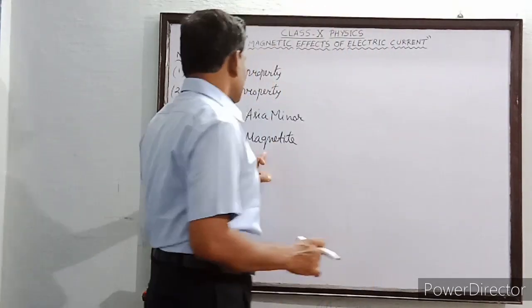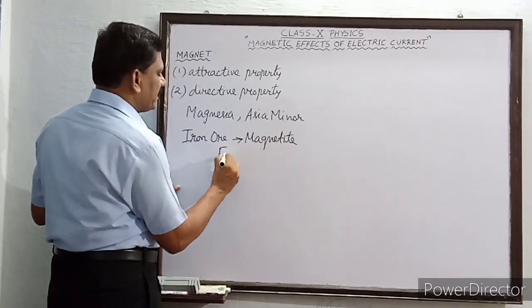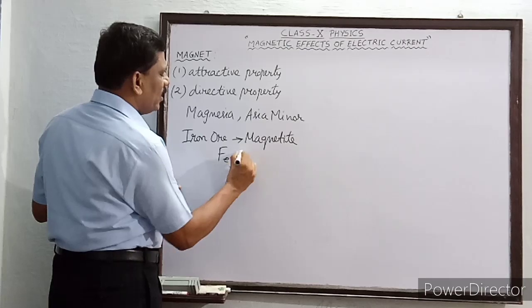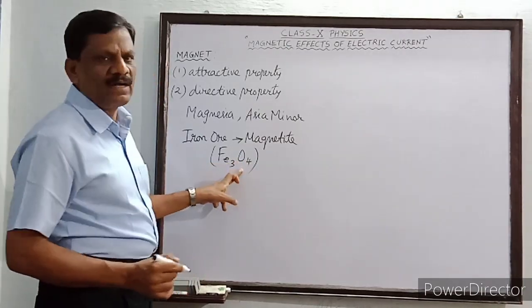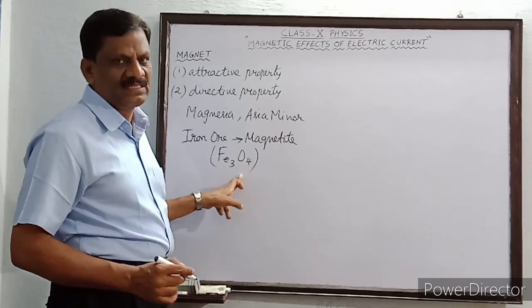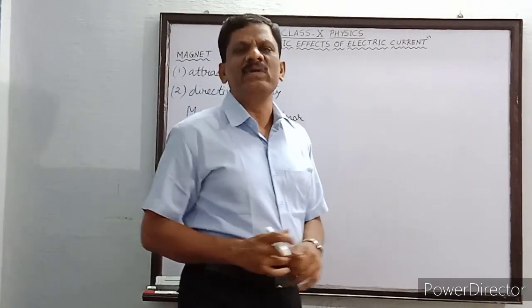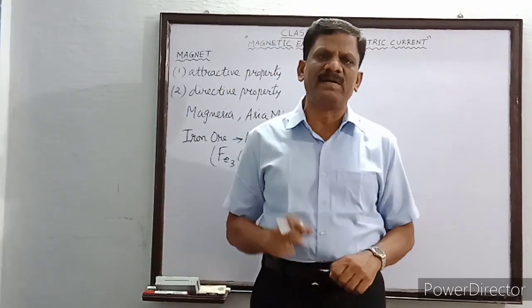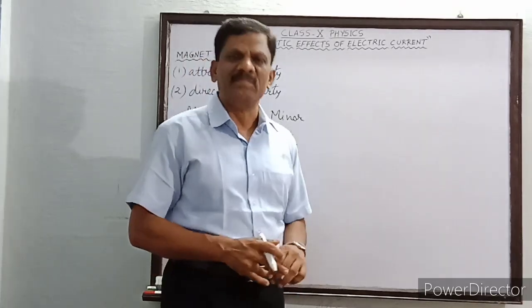It is the iron ore called magnetite, and its molecular formula is Fe3O4. Fe is iron, O is oxygen, so it is a compound of iron and oxygen in the proportion 3:4. This compound Fe3O4 is called magnetite, and this is the naturally occurring magnet.